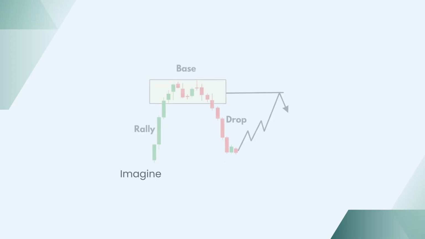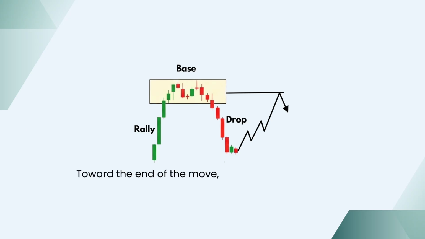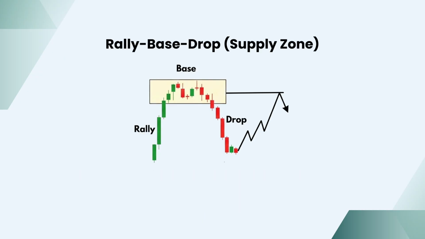Let's walk through a practical example. Imagine the Nasdaq makes a strong bullish run during the New Year session. Toward the end of the move, price consolidates briefly, forming a base, then drops sharply. That small consolidation before the fall is your rally-base-drop supply zone.